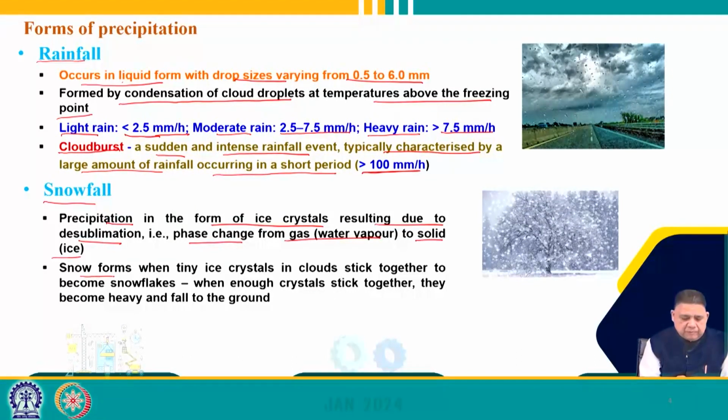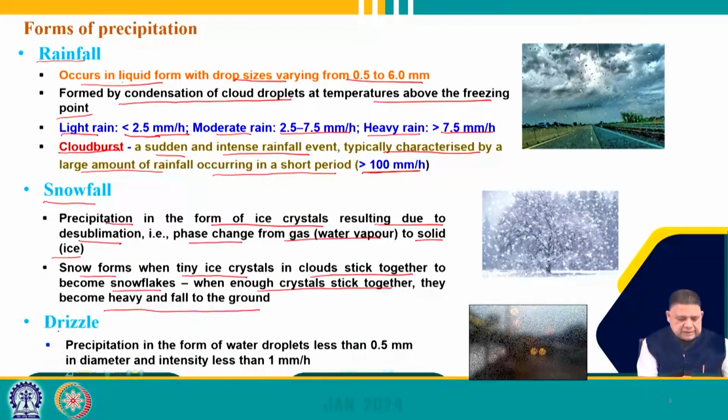Snow forms when the tiny icy crystals in a cloud stick together to become snowflakes, and when enough crystals stick together, they become heavy and fall to the ground. So, snowfall is in the form of snowflakes of varying weight, and the weight is important because only when they are heavy enough do they fall to the ground.